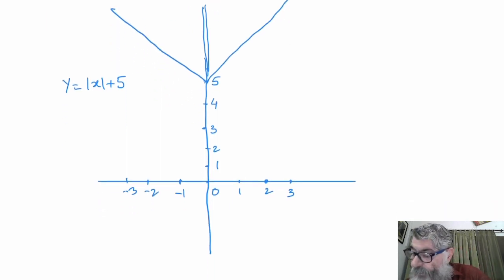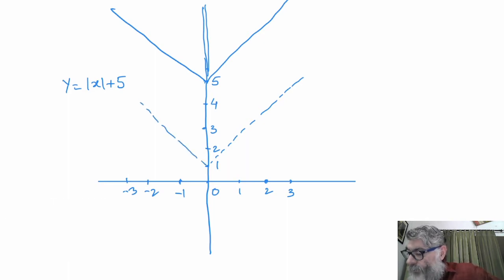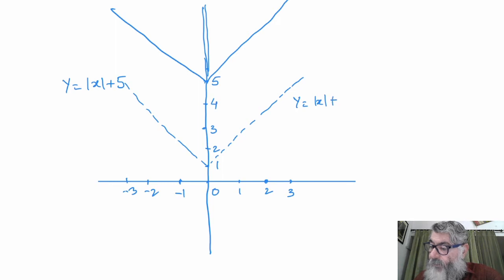Suppose I draw a curve here. This curve will be y is equal to x plus 1, because when you shift 1 to the other side, it will become y minus 1.